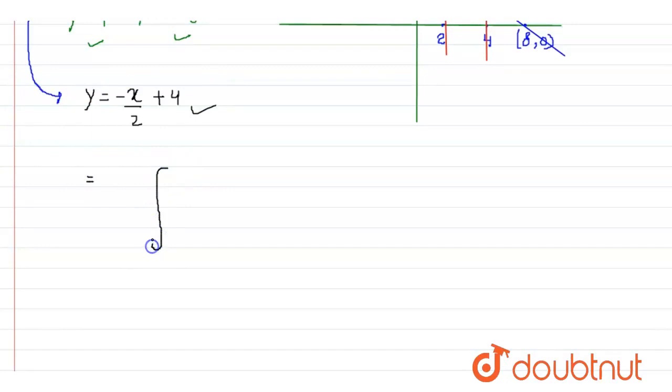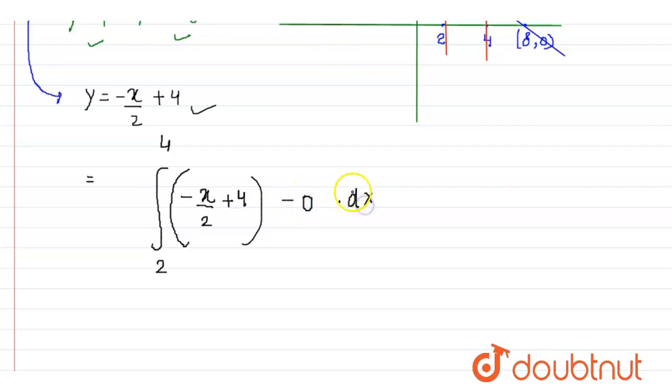So here we go. That's going to be from 2 to 4, lower limit to upper limit, of minus x over 2 plus 4 in brackets, and at the last we have minus 0, times dx.